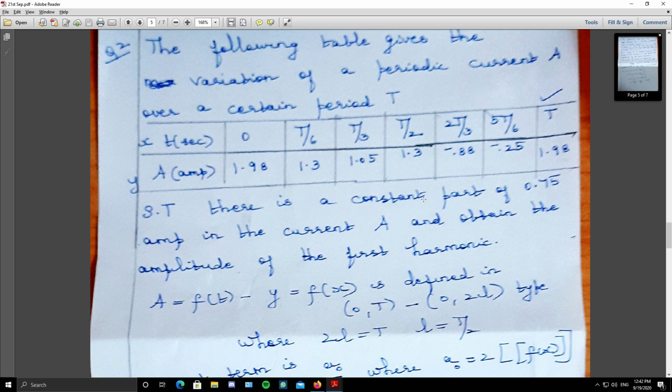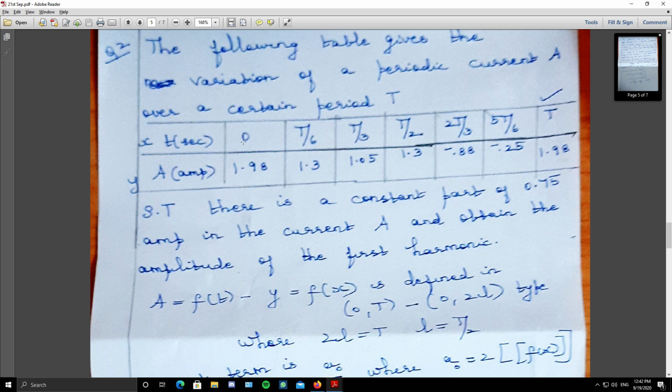Show that there is a constant part of 0.75 amperes in the current A and obtain the amplitude of the first harmonic. So you take it as x, y, so you will not have confusion. So take x as t, y as A.